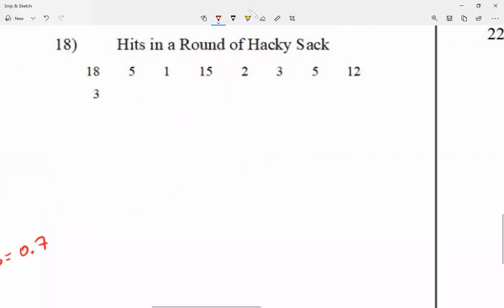Let me show you guys one more example here. Number 18. I'm going to find the mean, because we need to find the mean. I'm just going to say 7.111. Add them all, divided by how many you got. So I found out it's 7.111.